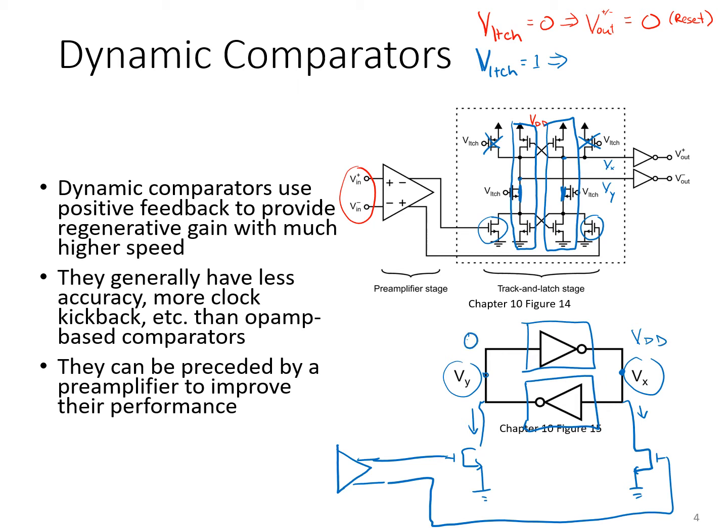And then at the output, we just see a sort of cleaned up version of that, where the outputs of the inverters transition a little bit more quickly from VDD to ground.